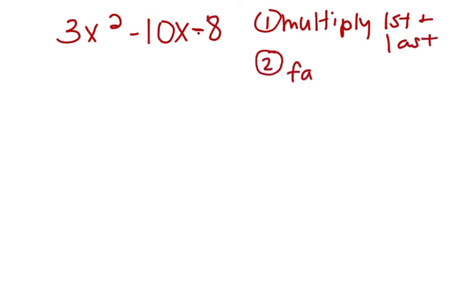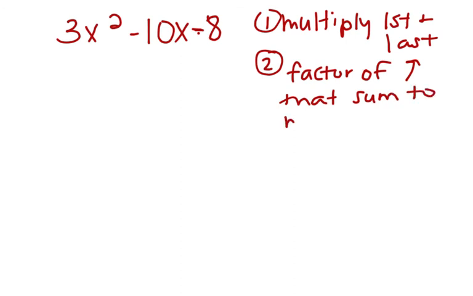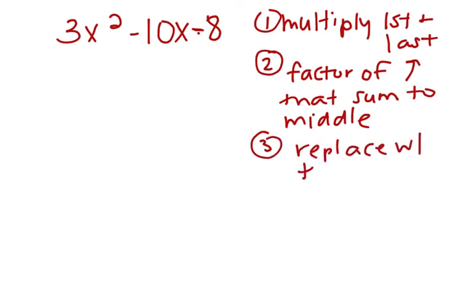Find the factors of that sum to the middle. Replace the middle term with those 2. And then factor by grouping.